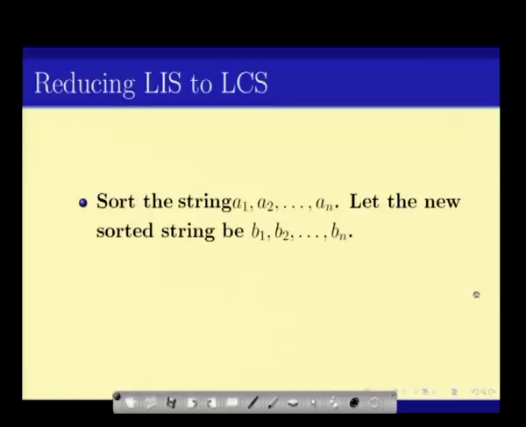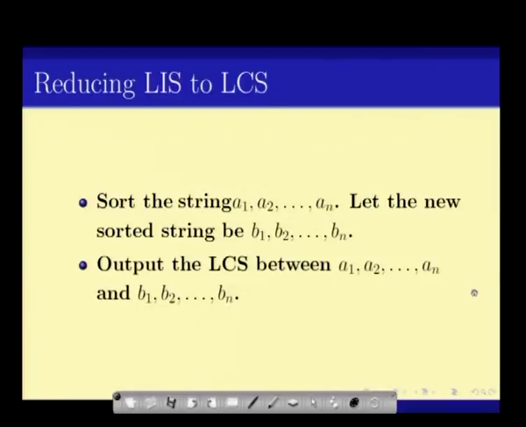Here is the algorithm. First I sort the string A1 to An. Now, let the sorted string be B1 to Bn. I output the longest common subsequence between A1 to An and B1 to Bn, and I claim that this is my answer.